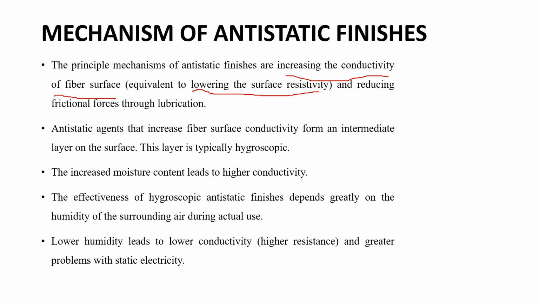What does it mean? The presence of mobile ions on the surface is very important for increased conductivity. Where there is surface conductivity, there will be a surface resistivity. Surface resistivity is defined as a material property of a substance whose numerical value is equal to the ratio of voltage gradient to the current density.